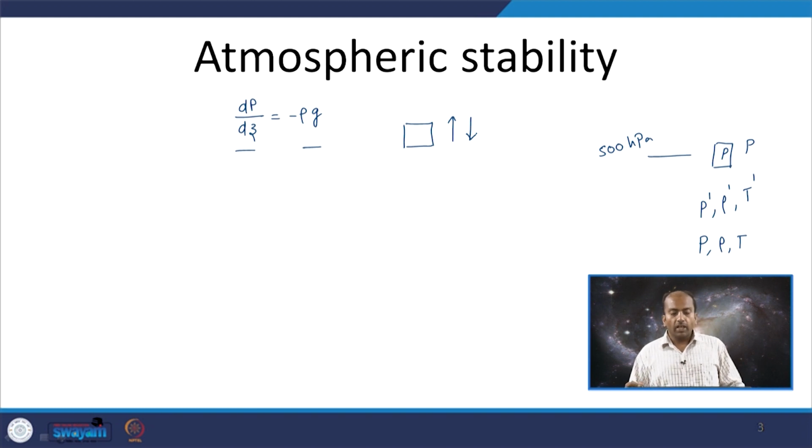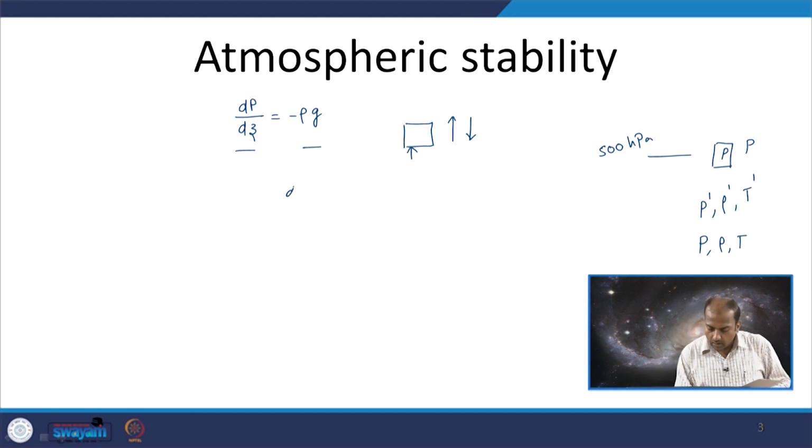But if the air parcel is now given a small impulsive force such that it moves up, then the air parcel is moving non-uniformly, and due to this force there is a net acceleration in the upward direction. That means d square z by dt square is positive, or in this case, simply non-zero.